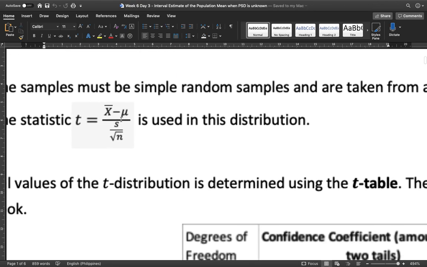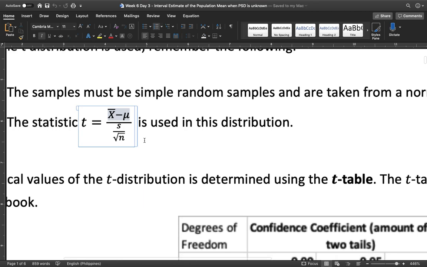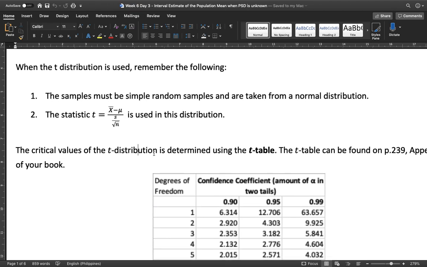So, yan. Again, T equals sample mean minus the population mean divided by the sample standard deviation divided by the square root of the sample size. We're going to use that value for T.